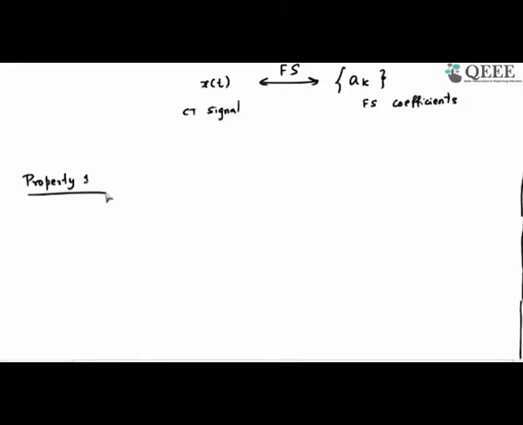The first property is linearity. The Fourier series representation satisfies a linearity property.